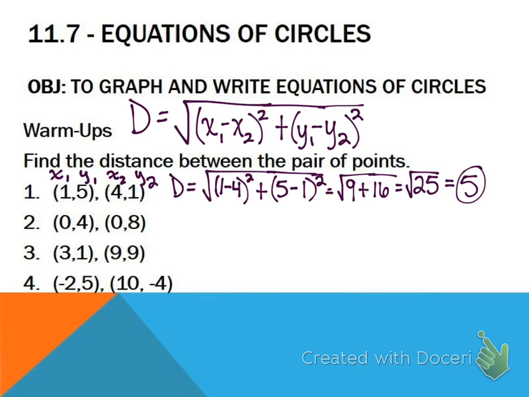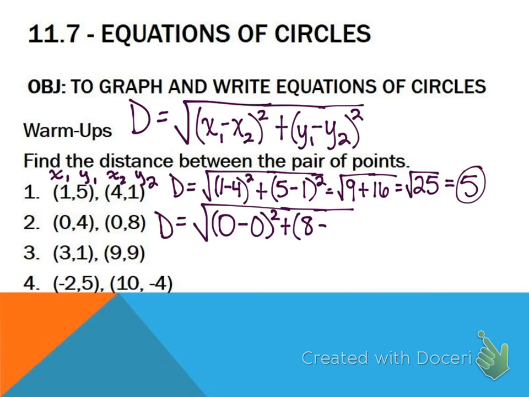Let's try the second one. Distance equals square root of, give me an x value. On number 2, 0 minus my other x value, also 0, squared, plus, now because both of our x's are the same, it doesn't really matter, so give me a y value.